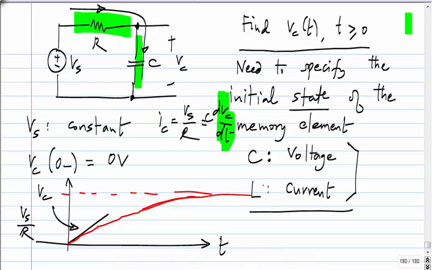You need to understand what's going on in terms of the electrical variables.